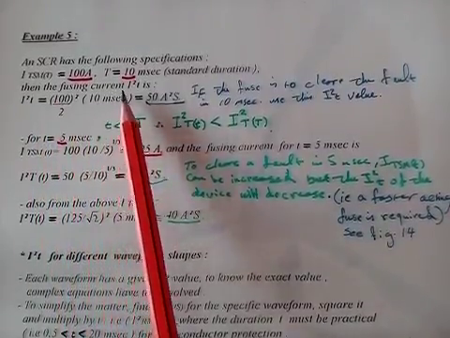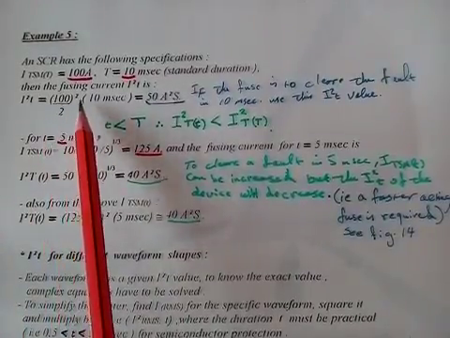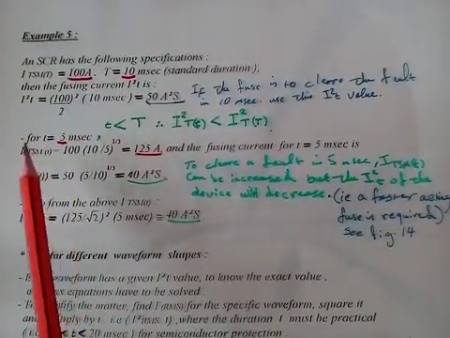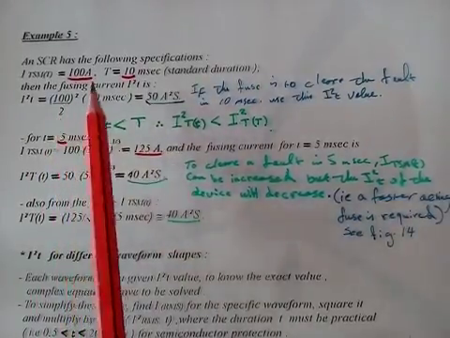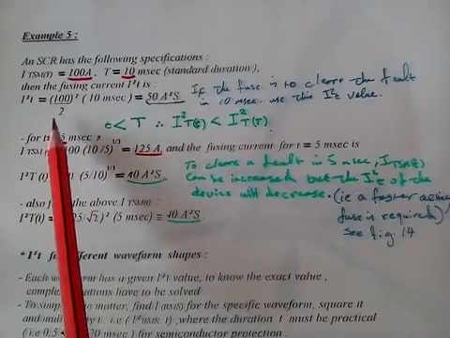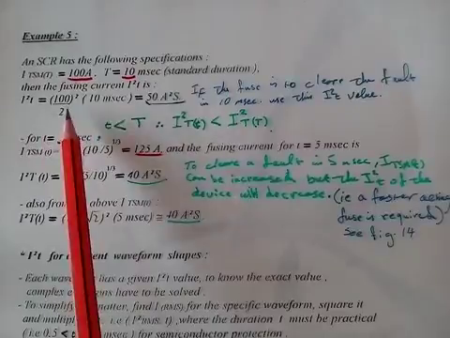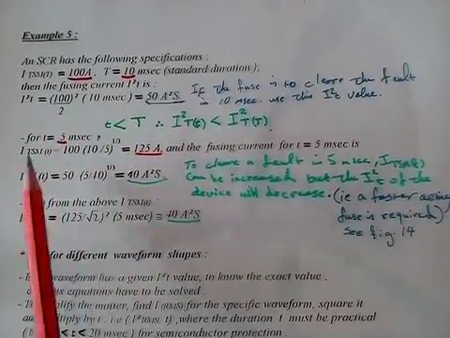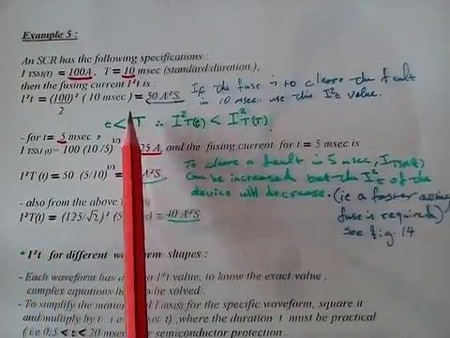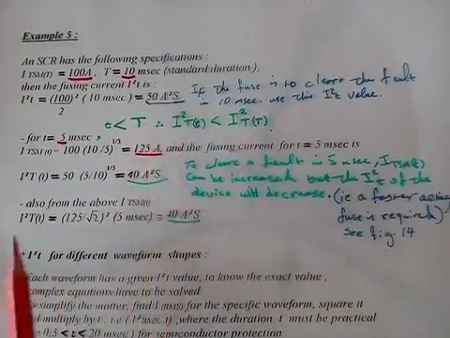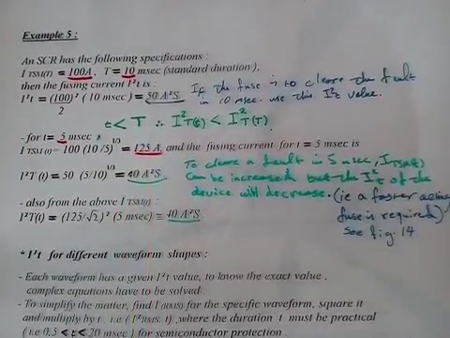Then the fusing current I2t for it equals 100 amps over root 2, squared, so this is the RMS value for it, multiplied by 10 milliseconds, and that would give us 50 amps squared second. That's the fusing for the device.